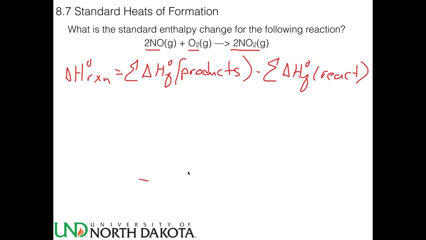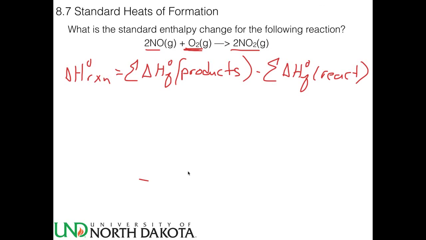And so what we would need to do is find the values of NO and NO2 from the chart or the textbook. And remember, O2 is in its standard state, so its delta H naught sub F would equal 0.